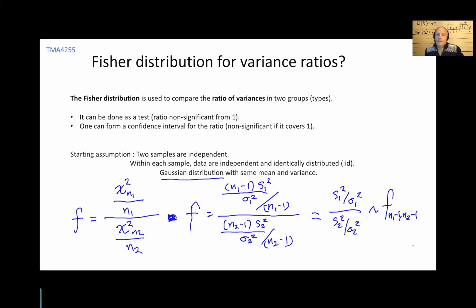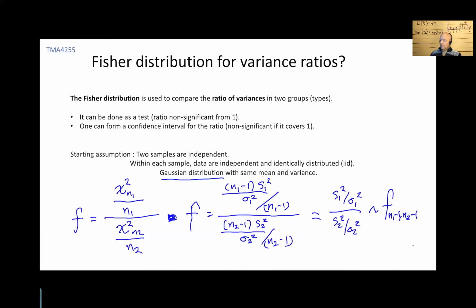This sigma 1 and sigma 2 is something we don't know, but under hypothesis 0, they can be hypothesized to be the same.